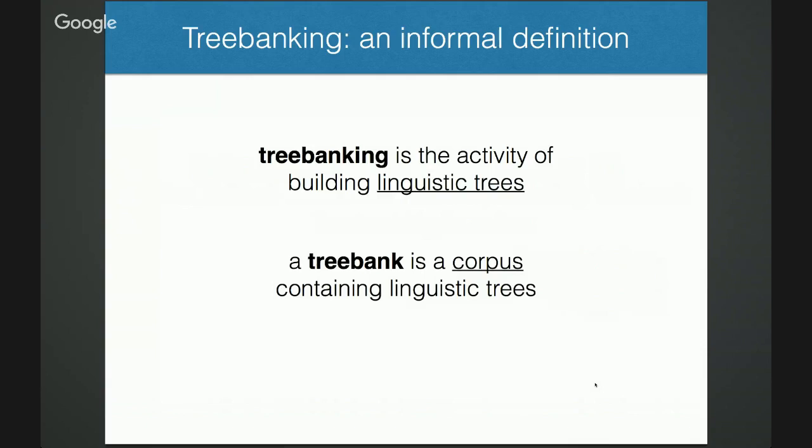But as you can understand, the more information we put in our corpus, the better it is, because we can simply perform more powerful queries if we also have some semantic annotation. A tree bank is, of course, simply a corpus containing linguistic trees, syntactic trees, or even semantic trees.